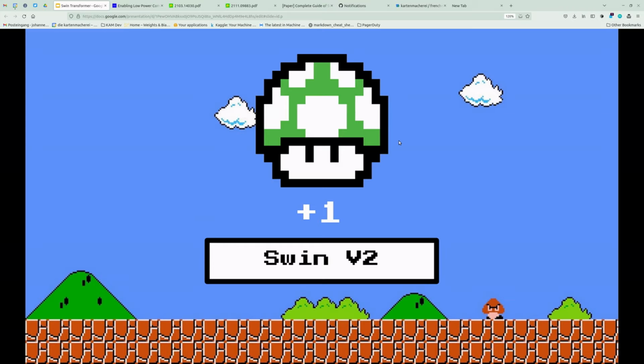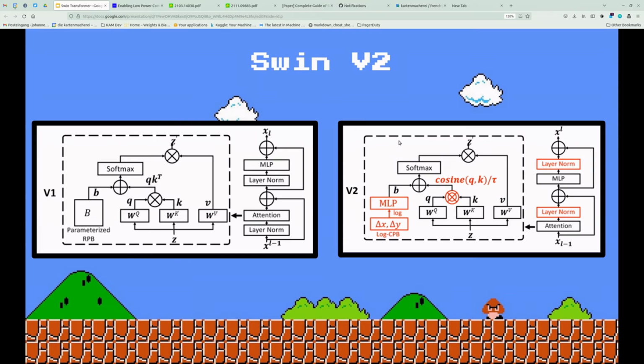But then there was basically a level up: Swin version 2, which was released some months after the initial Swin paper. It didn't change the core functionality of Swin, so the shifting windows and everything stay the same, but there were some improvements. On the left side there's Swin version 1, and on the right side Swin version 2, and everything that's red is new.